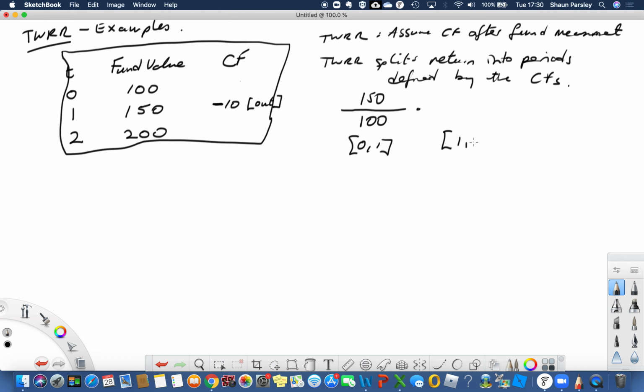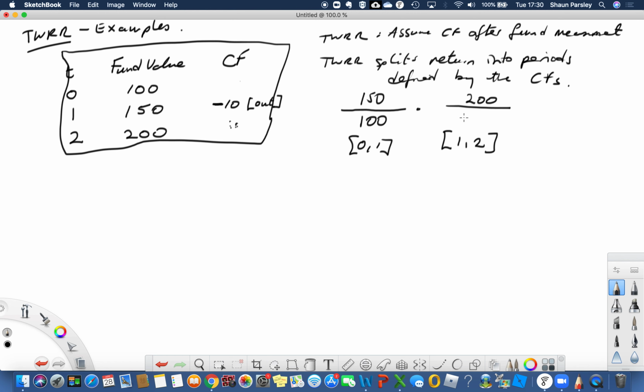Then we've got to think about between 1 and 2. We know the end fund is 200. There are no cash flows there. But here there was a 10, and that came out of the fund.